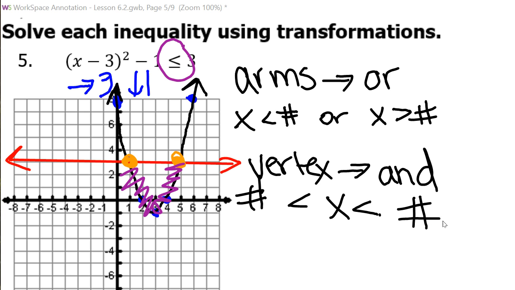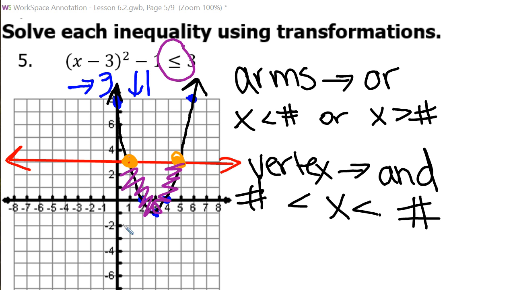Okay, so when you are trying to decide which part you shaded, when I'm talking about the arms, I'm talking about these pieces that have the arrows on them. So this is the arm, and this is the arm. Now the vertex, this part that we shaded in purple, definitely has the vertex shaded. So this is going to be an and inequality because we shaded the vertex.